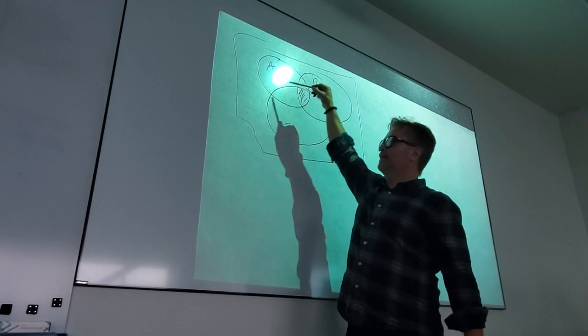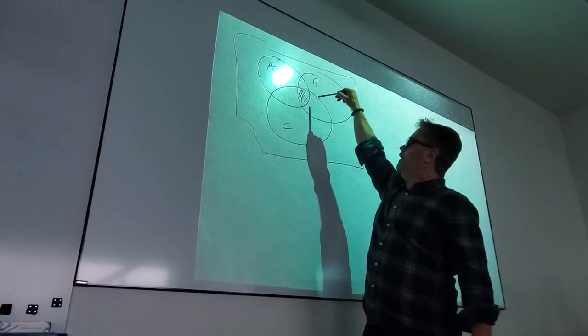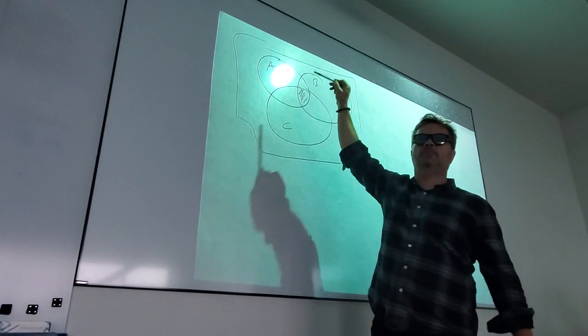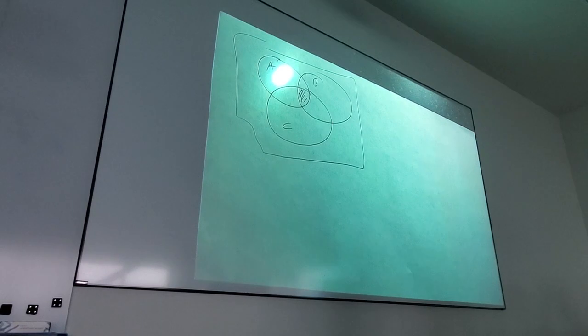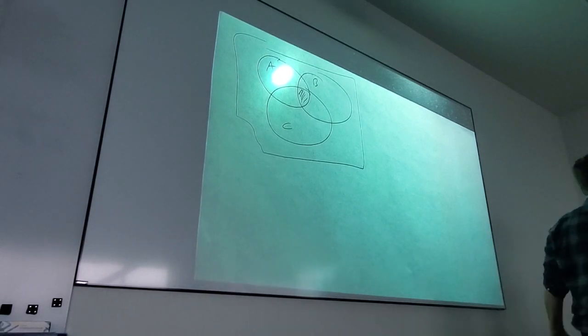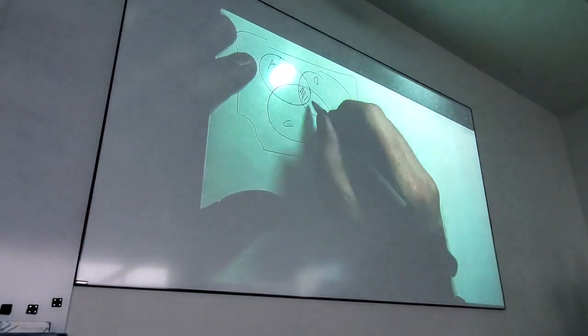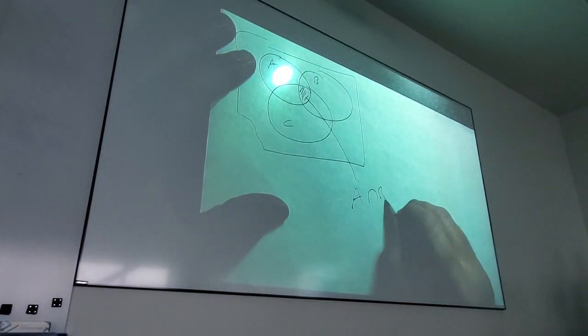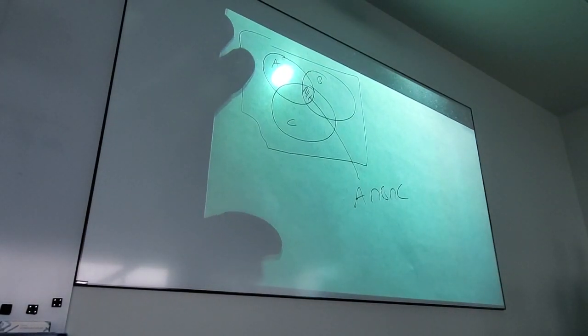So I can't just say circle A if I want to talk about just these people. Where are those people? They're in A and B and C. They're in the intersection of all three. So that's how I would describe this location: the intersection of all three circles.